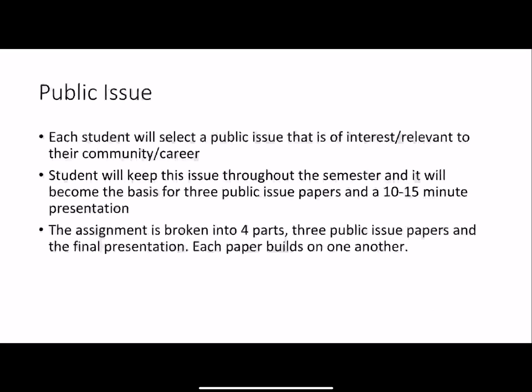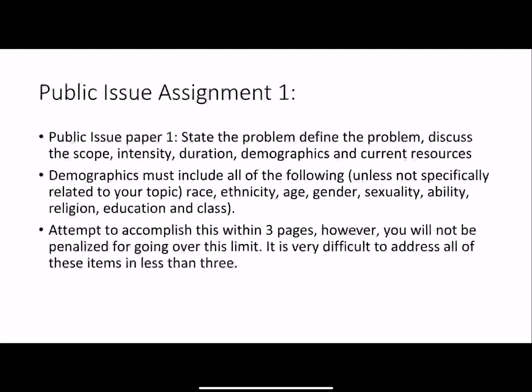That is why you will see throughout the course that you'll be submitting these public issue assignments at various times. Each public issue paper helps you to take a particular focused look at the issue in a variety of ways. And I'm going to break those down for you here shortly.